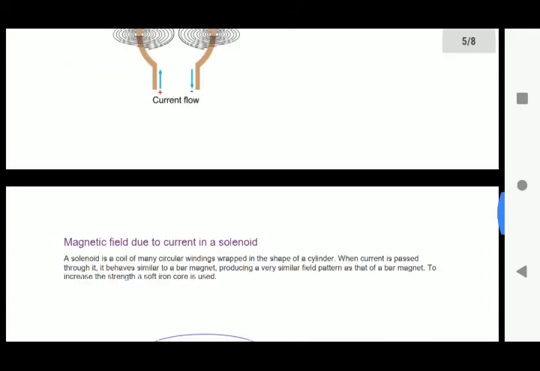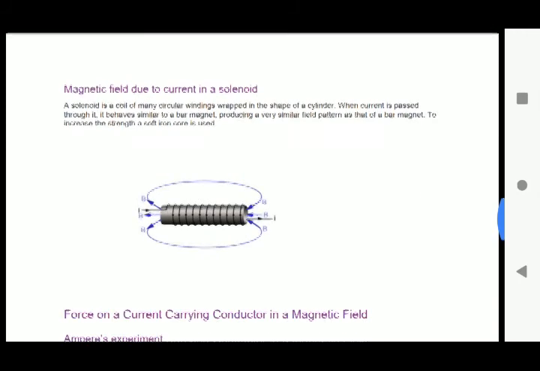And the third case is the magnetic field due to current in a solenoid. Do you know what is a solenoid? I'll explain. The solenoid is a long coil containing a large number of closed turns of insulated copper wire.